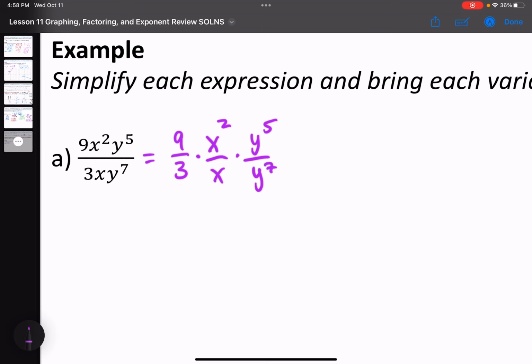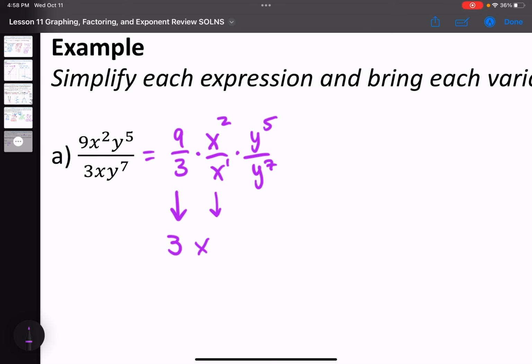I separated them, numbers with numbers and like variables with each other, so that when I simplify these one at a time, I can figure out what we have left over. 9 over 3 reduces to 3. If I have x squared divided by x, that's the same thing as subtracting the exponents, and I have 2 minus 1, which is 1. So I have just x to the power of 1, or x.